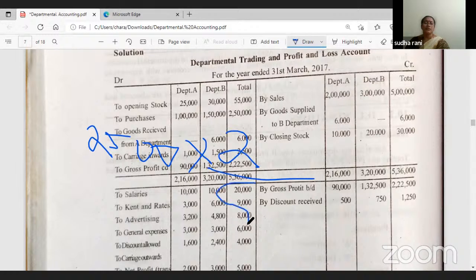If you do 2 by 5, you will get 500. 5 in 2,500 goes 500 times. 2 by 5, how? 2 is to 3 you got. So 2 plus 3, 5 here. So 2 by 5 for A department. So 500 into 2, 1,000 for A department. Again 500 into 3, 1,500 for B department.